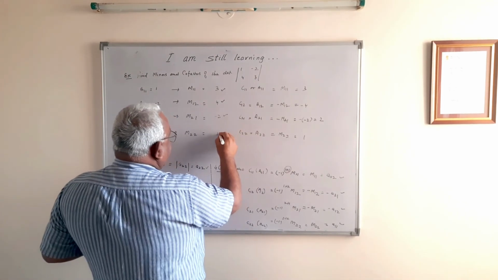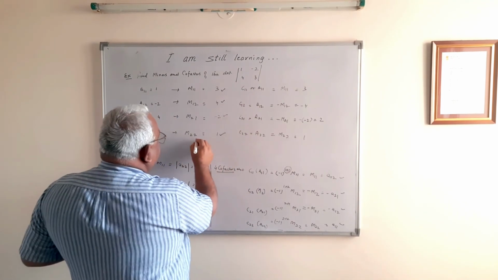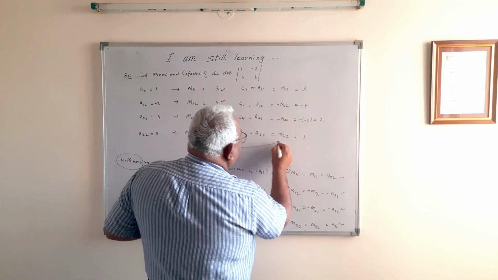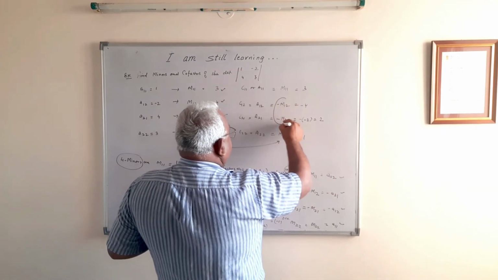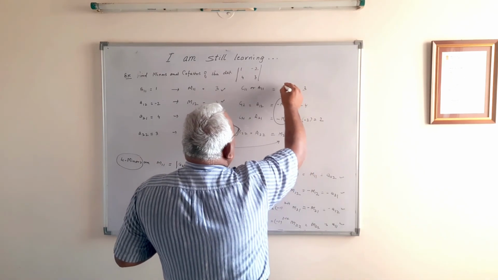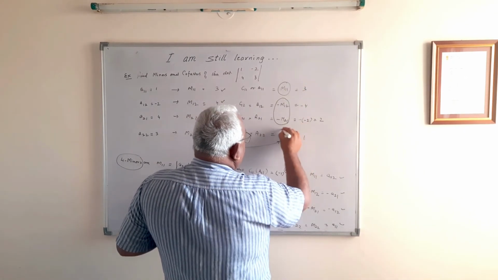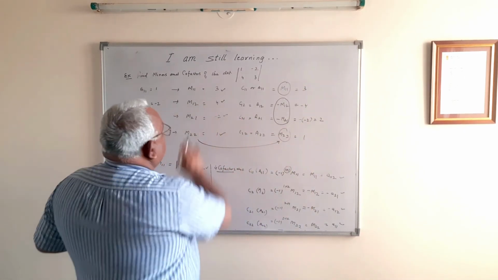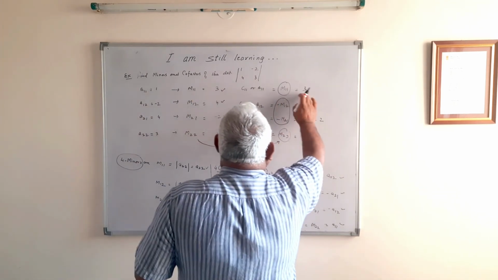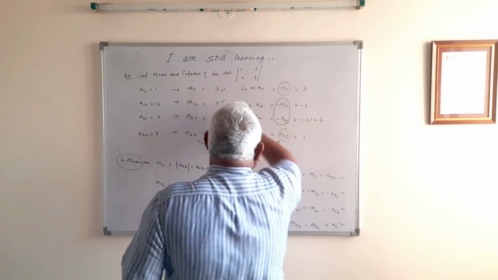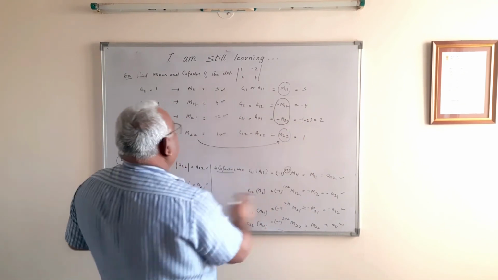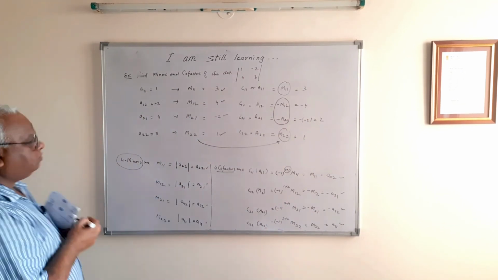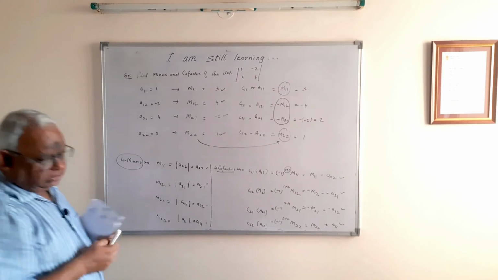This is correct. The only difference between minor and cofactor is that in 2 places it will become negative, and in 2 places it will remain as it is. So M11 is same as C11, so it is 3. This will become minus, this will become minus, and this will remain the same. So this is the example related to minor and cofactor.